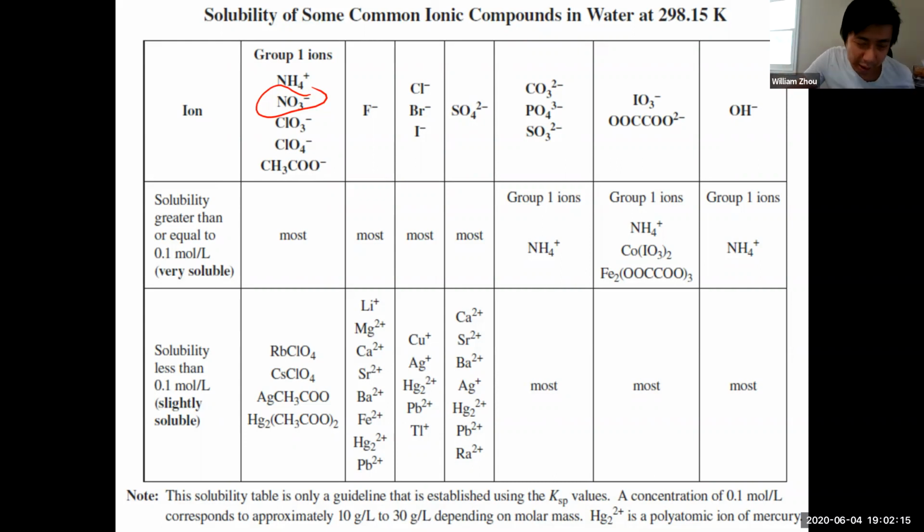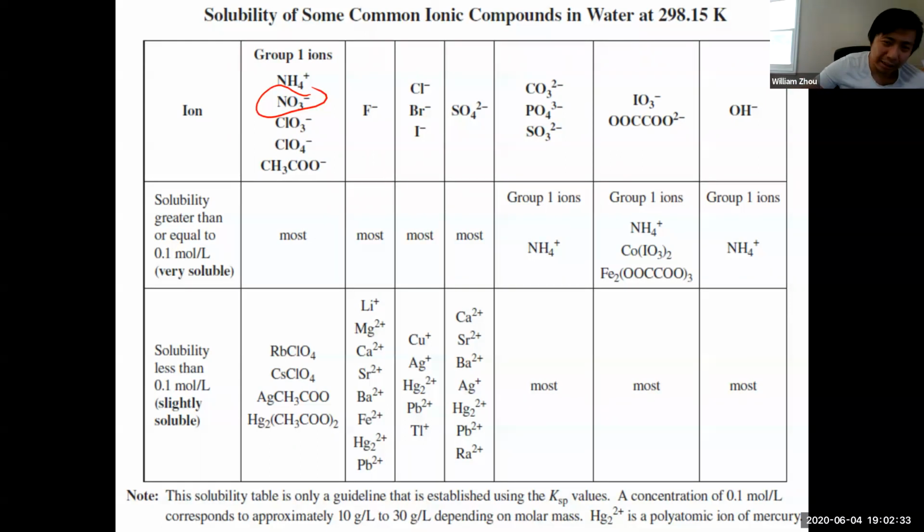So nitrate is soluble with, in fact, everybody, because no exceptions include a nitrate. So nitrate is always soluble. Make sense? That's why silver nitrate is soluble.